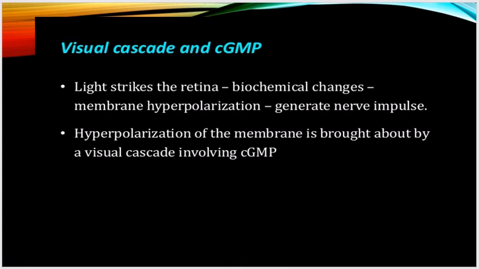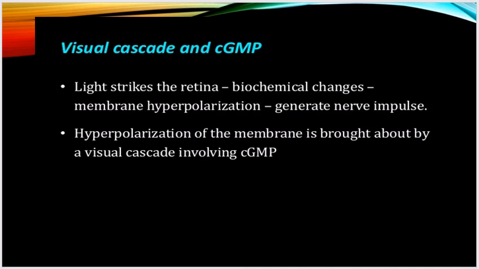When the light strikes the retina, biochemical changes occur and membrane hyperpolarization occurs, which generates a nerve impulse. This hyperpolarization of the membrane is brought about by the visual cascade, which involves cyclic GMP. The other basic factor stimulating the rod cells is the cis-trans isomerization.